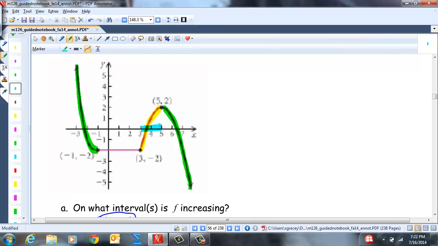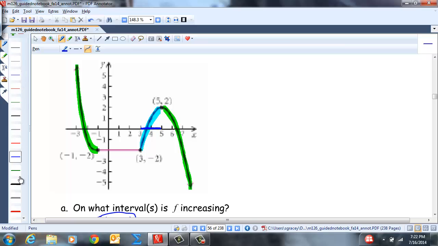I'll underline the x stuff. I think it's too confusing to use all these different colors. So on the increasing stuff, I'll do the blue highlight because I have a corresponding pen I can use with that. So for the x intervals, do you see it went from here to here?